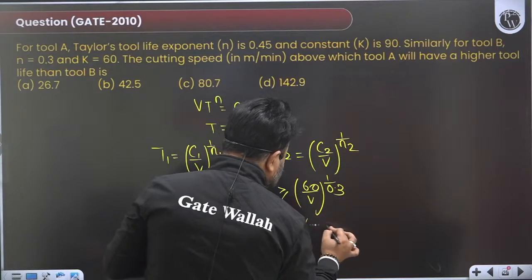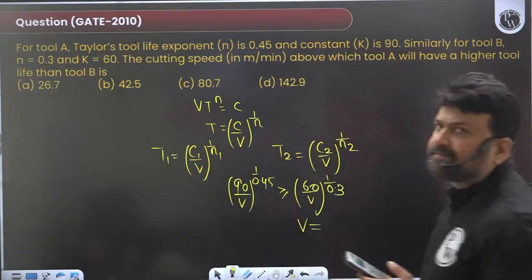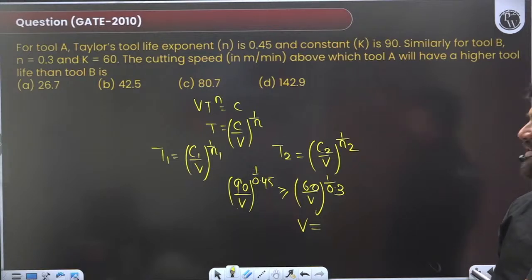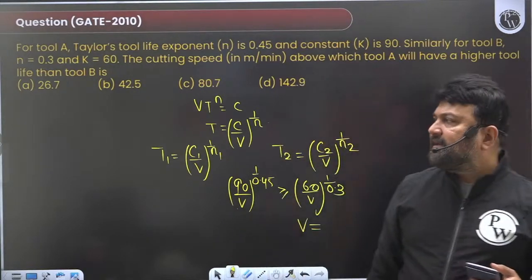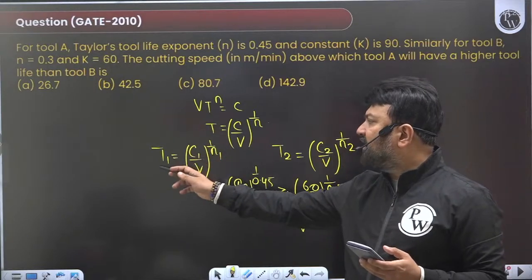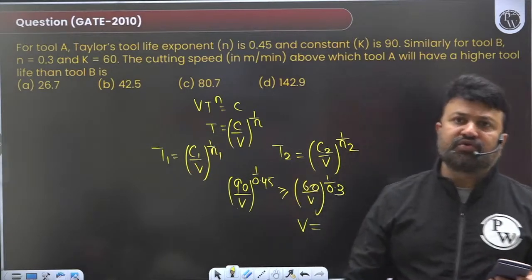So can you please tell me the value of V? We need to find the velocity at which tool 1 has a higher tool life than tool 2.